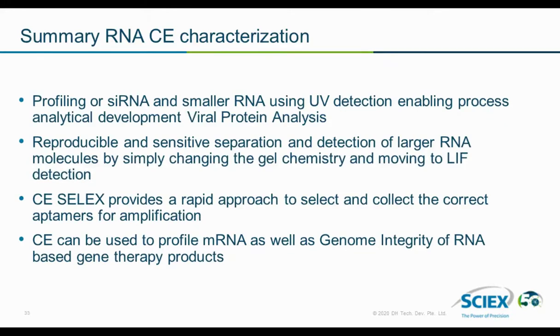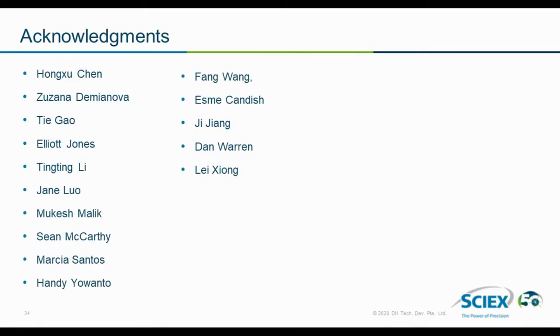And you can simply do this by changing the gel chemistry, and if you want to change sensitivity, as I mentioned, moving to LIF detection. Together with that, on the same PA 800 Plus system, you can do CE SELEX, which helps provide a rapid approach to select and collect RNA aptamers for amplification for research. And also, as I mentioned, CE is now being used not only in smaller RNA, but larger RNA analysis and in genome integrity of RNA-based products used in gene therapy.